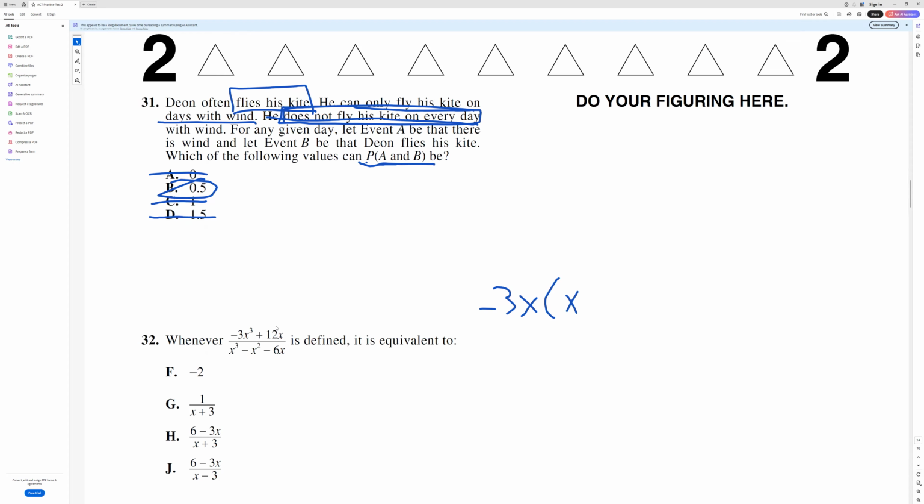This cancels with that. So we get x minus 3 as the denominator. I would say just go here and move on. But how do we get the 6 minus 3x? Because negative 2 times negative 3 is 6, and then negative 3 times x is negative 3x, over what was left on the bottom, x minus 3.